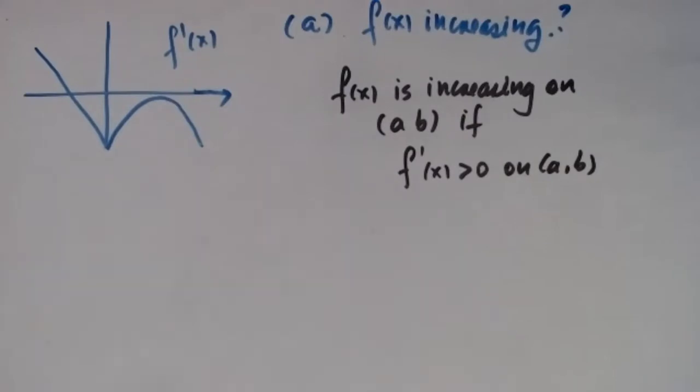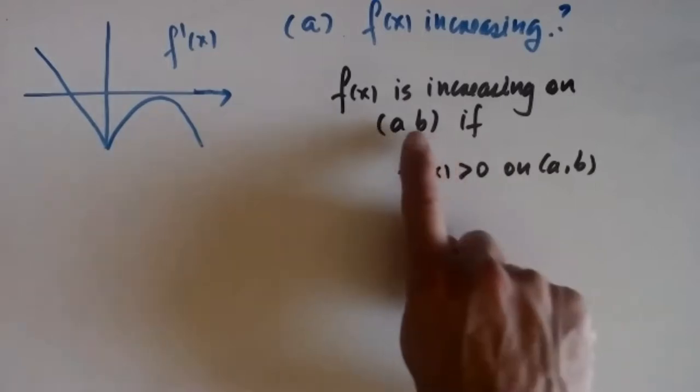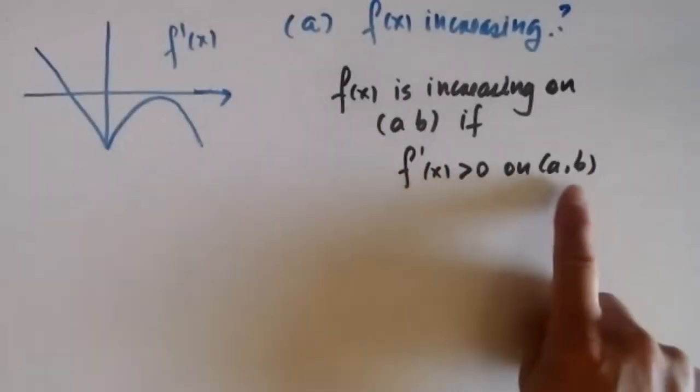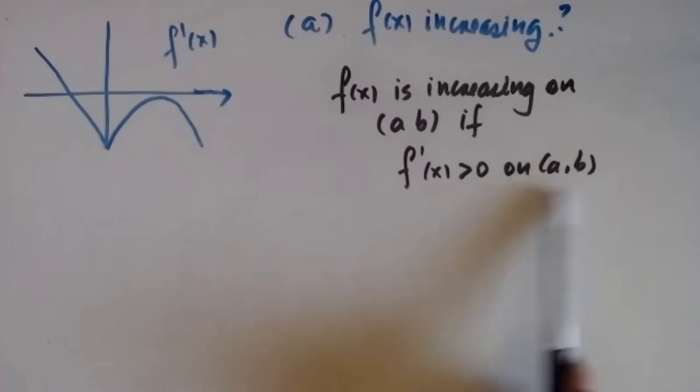So this is the definition you have to use. No calculator, no big things, it's just this definition. The function is increasing when the derivative is positive. It's increasing on an interval if at every point in this interval the derivative is positive.